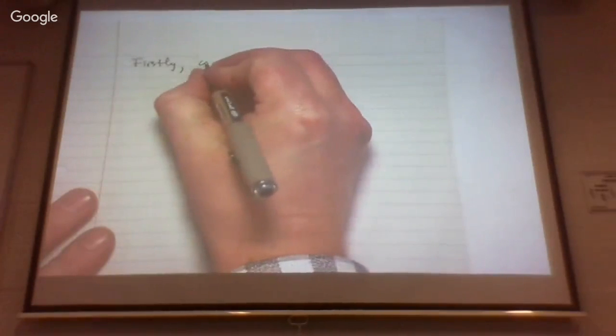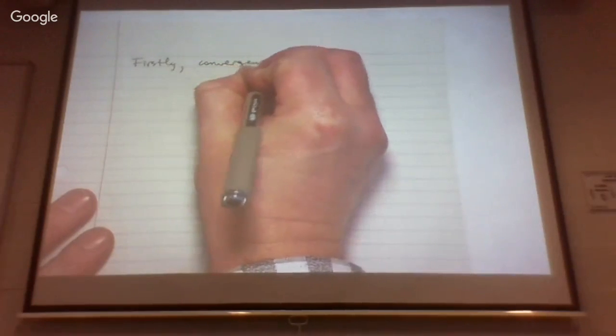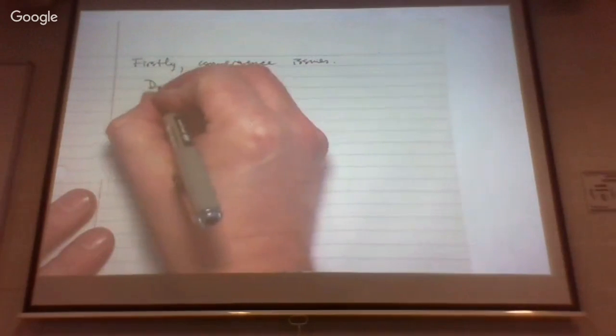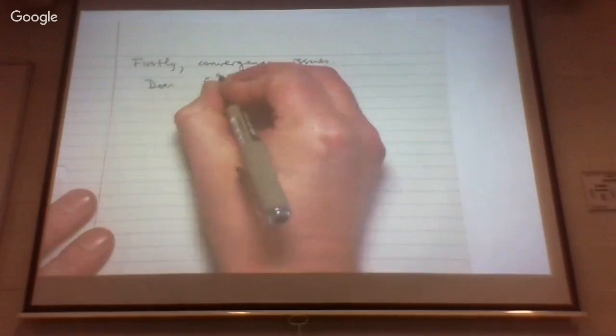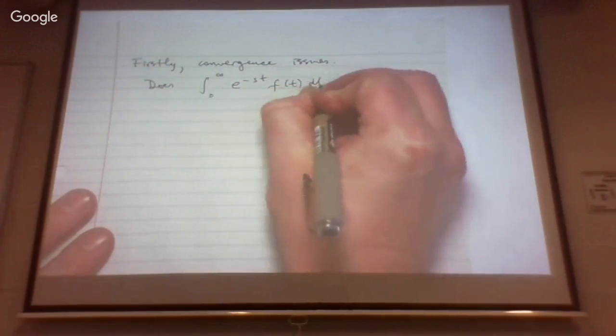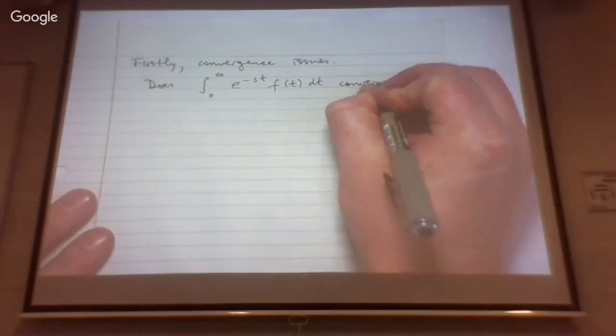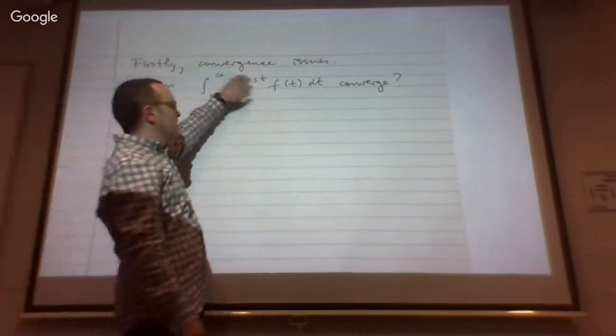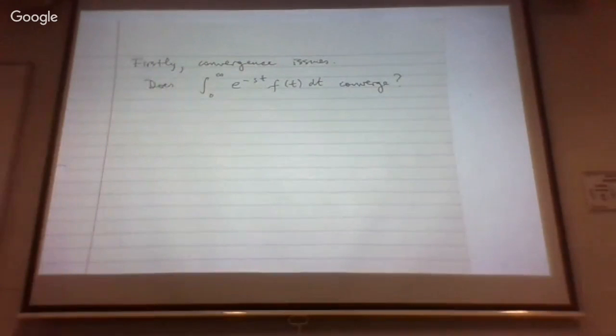Firstly, we've got to make some remarks about convergence. This is what the transform of f of t is. But it's an integral over an infinite range. And if you're integrating over an infinite range, sometimes that might give you a finite number, but sometimes the integral might not be convergent, so it mightn't give you a value at all.